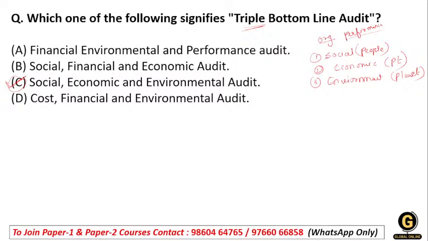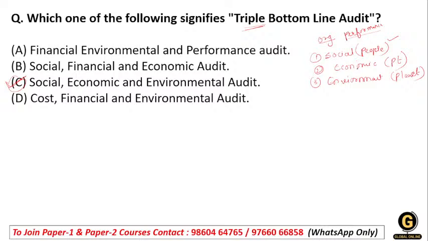Whenever we consider the first point, that is people and social, we measure the impact on society, which also includes employees' well-being, community engagement and social responsibility.